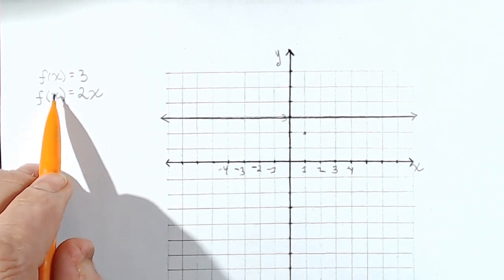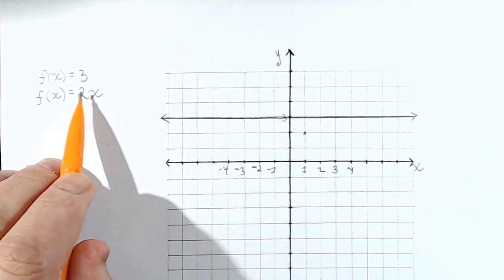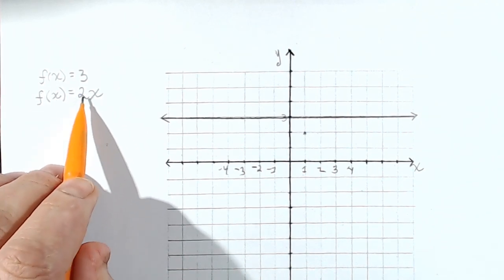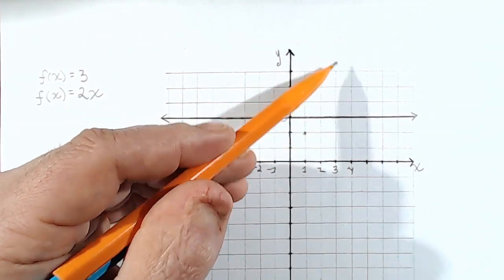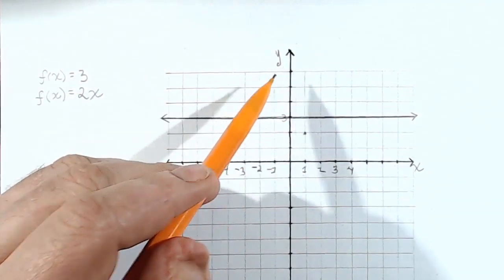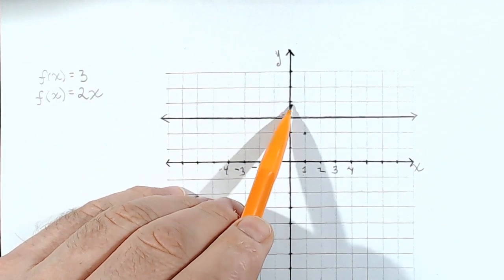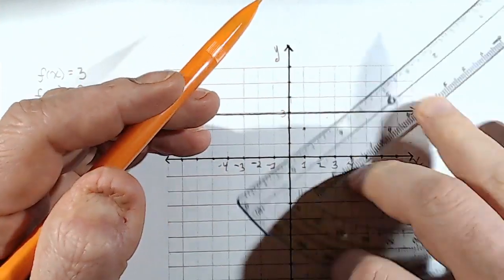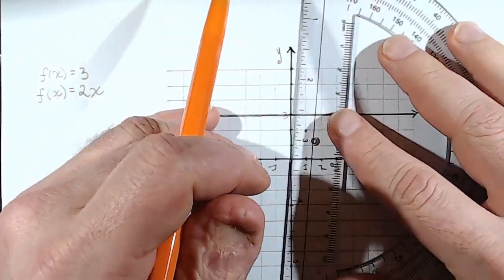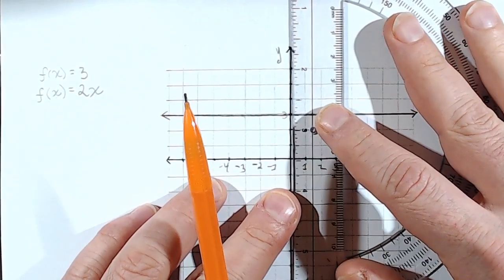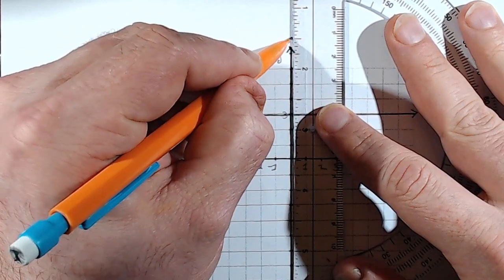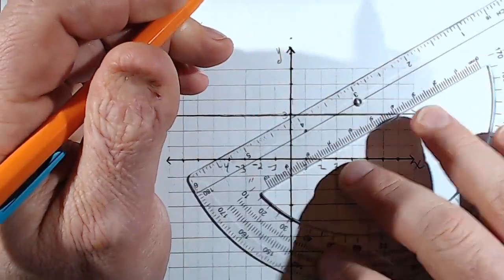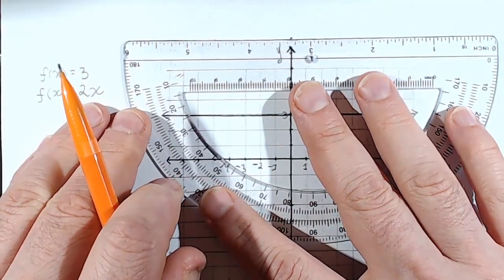Okay, when x is 4, f of x, or y, is 2 times 4, which is 8. That goes beyond even the limits of this particular graph. 4, 5, 6, we'd have to extend the graph up. 7, 8. Okay, so there's the 8 line right there.